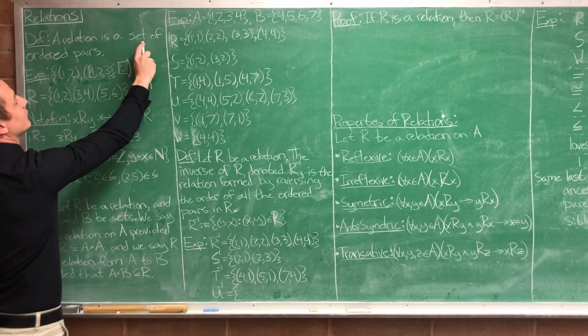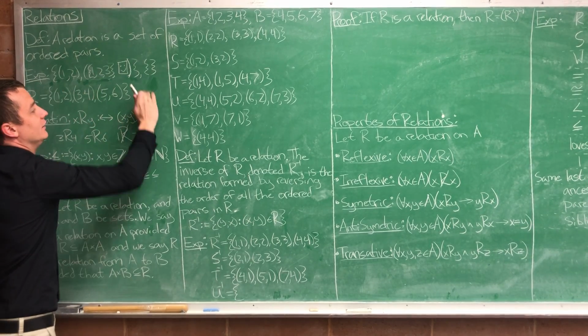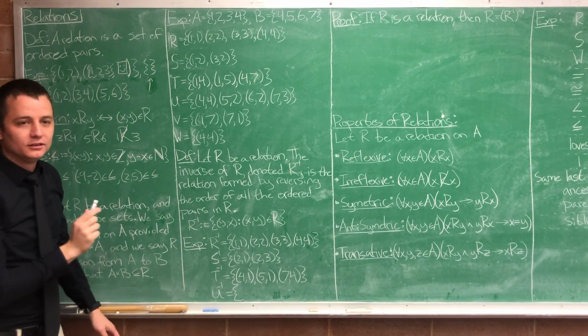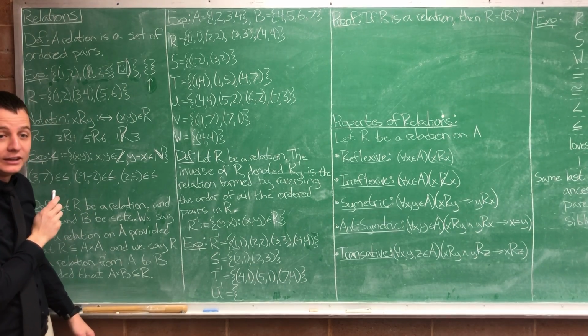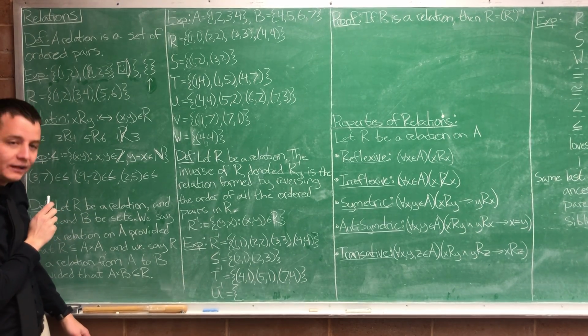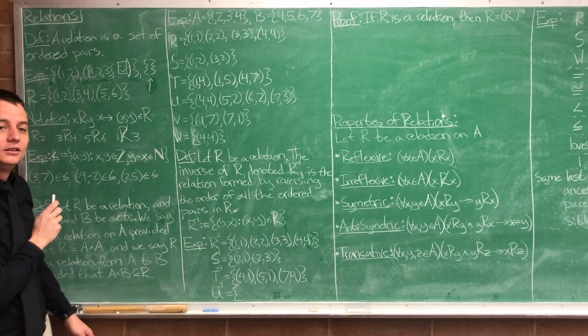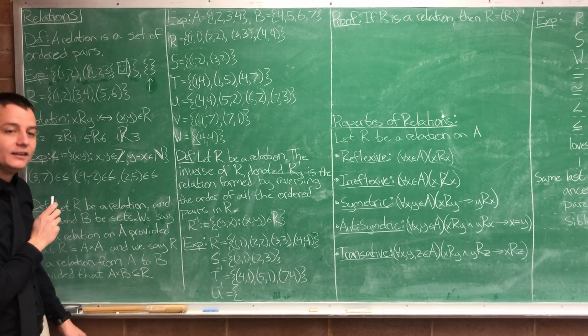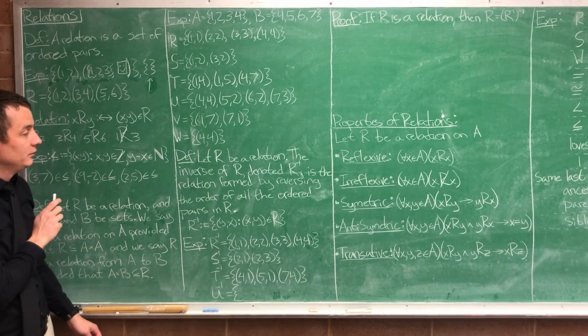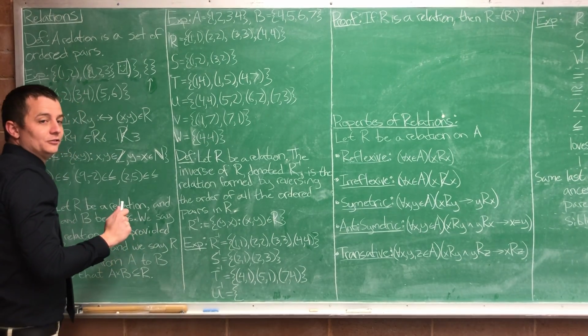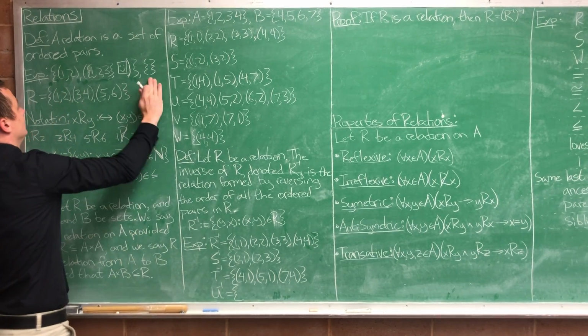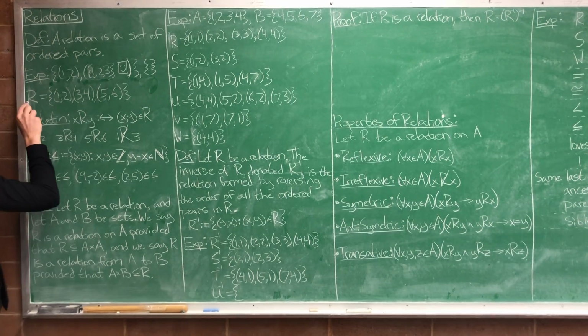A relation is a set of ordered pairs. Is everything in here an ordered pair? Yeah, everything in there is an ordered pair. So it is a relation. Okay. So it's the empty relation. Make sense? Wonderful.